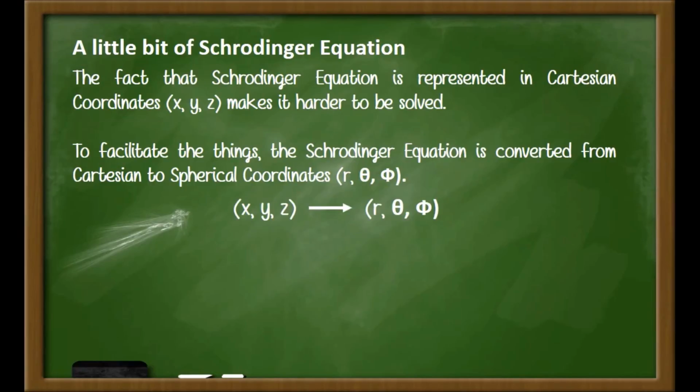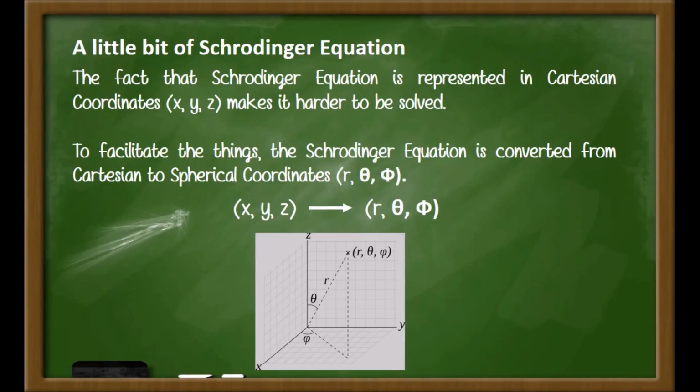Okay? You can find this conversion, this change of coordinates, in any calculus book. Just here we have an overview of how they are related. So we have a vector r coming from the origin, and this vector r makes a certain angle theta with the z-axis and a certain angle phi with the x-axis.